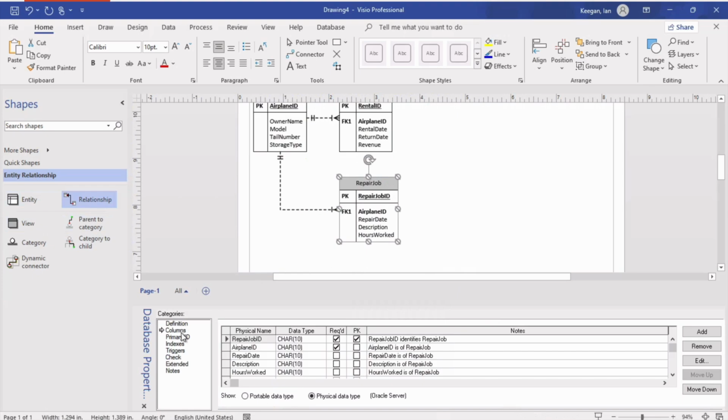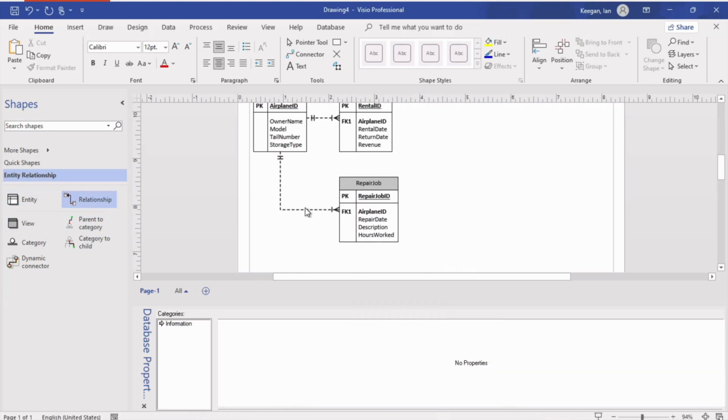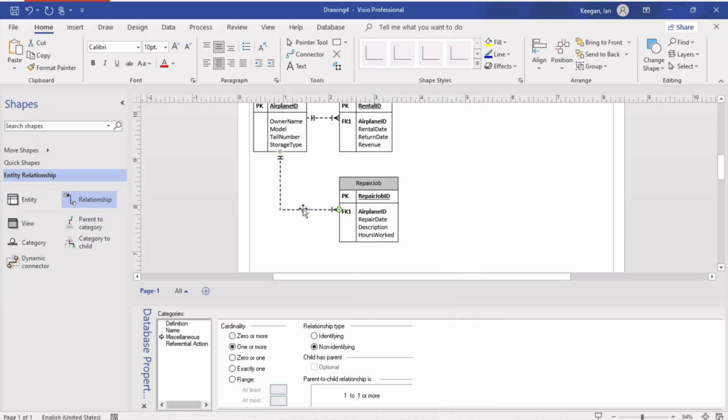All right, here you can see the relationship between the repair job table and the airplane ID. So one airplane can have many repair jobs, but each repair job is only for one airplane.